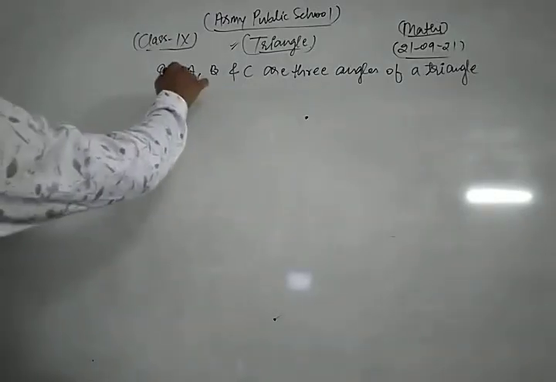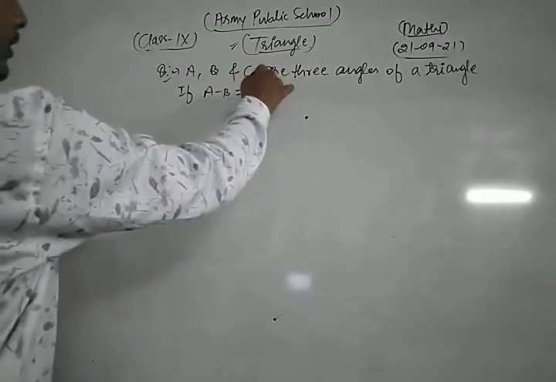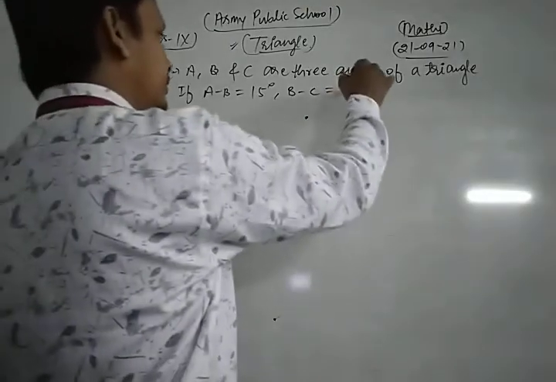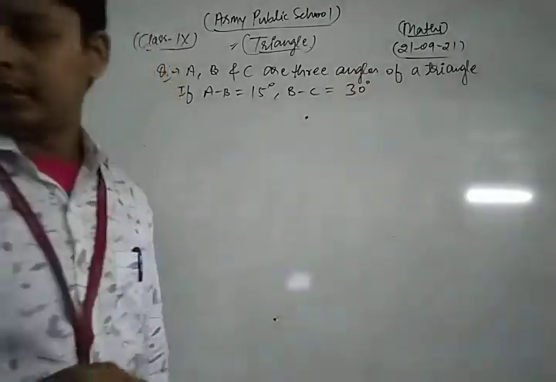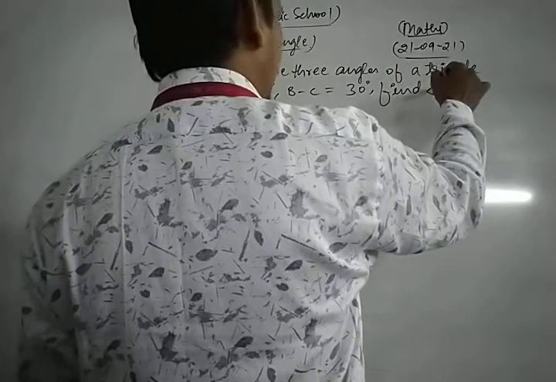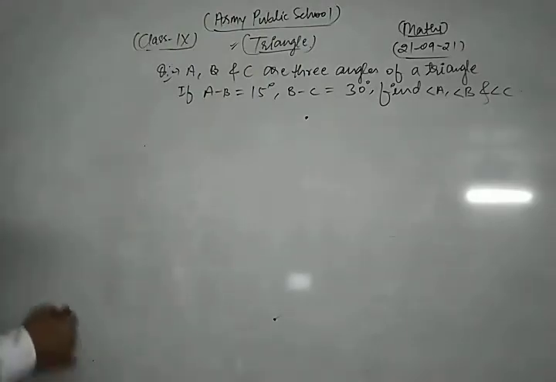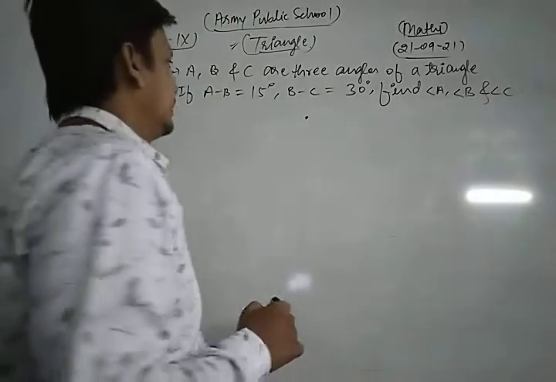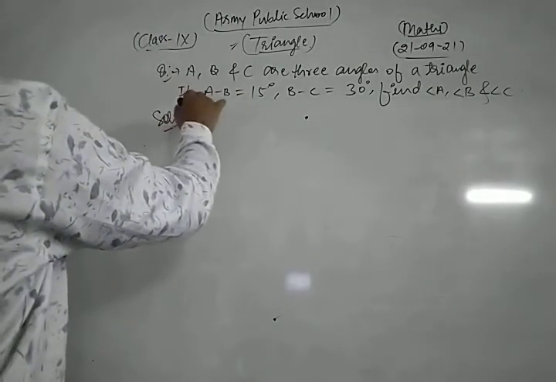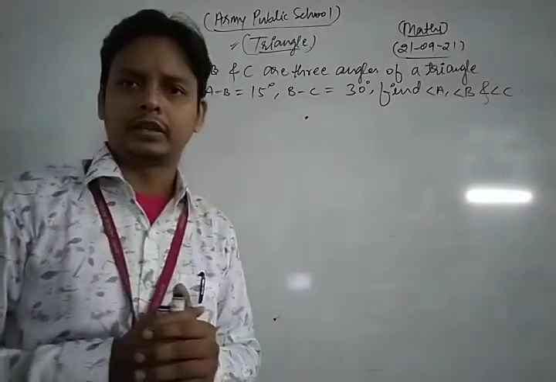If A minus B is equal to 15 degrees and B minus C is equal to 30 degrees, find angle A, angle B and angle C.